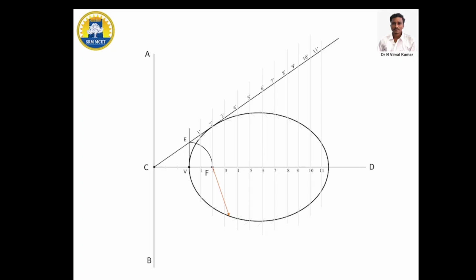So the tangent is 55 mm from the focus. So you should take an arc from the focus, the distance of 55 mm. Next we can use the protractor.